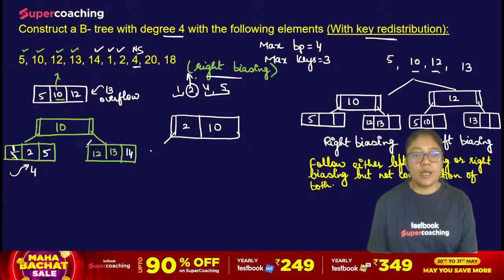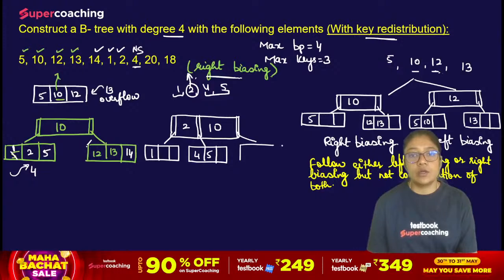To the left, we have one element, that is 1 only. To the right, we have two elements, 4 and 5. To the right of 10, we have the elements 12, 13 and 14. Now the next key is coming up, that is 20.